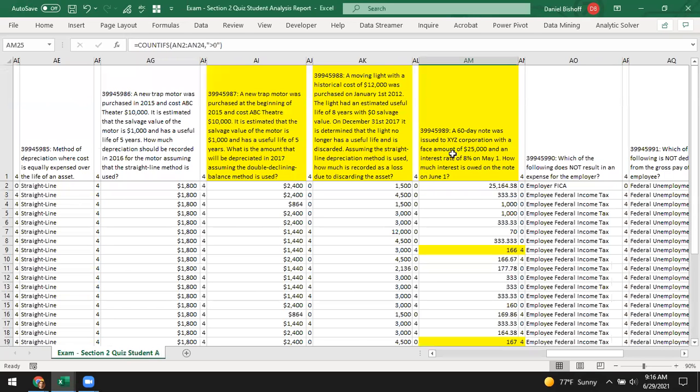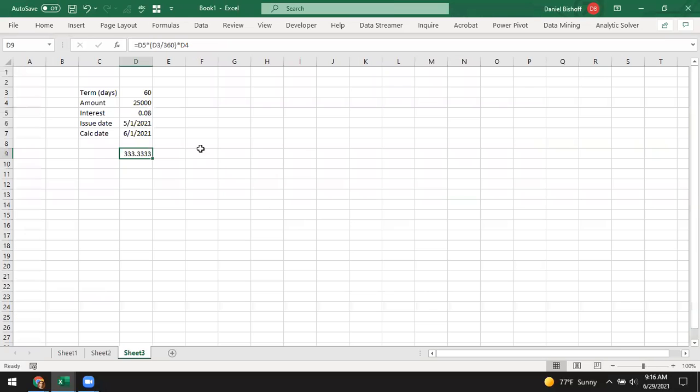But our question asked from May 1st to June 1st, which is June 1st minus May 1st, 31 days. So 31 divided by 60, multiplied by that, would give you a correct answer.